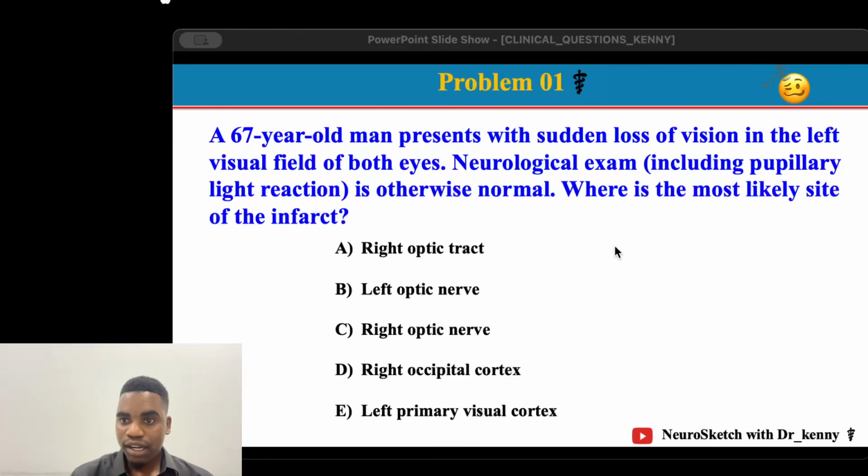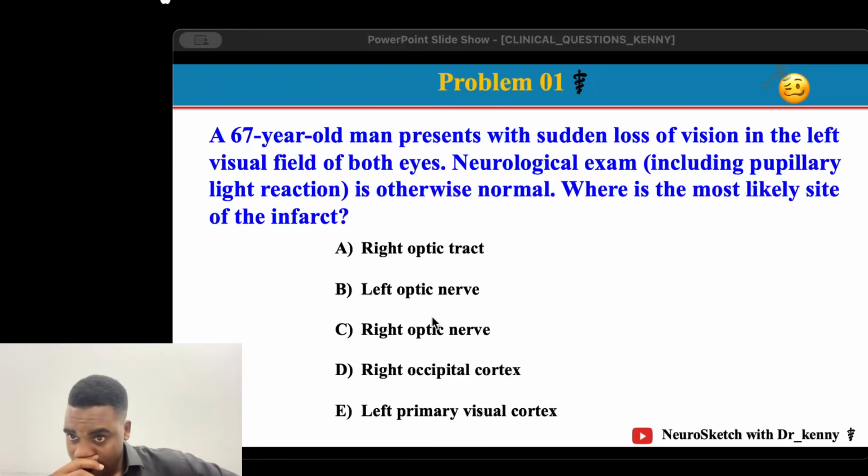So, where is the most likely site of infarct, or where is the most likely site of the stroke? So, easy peasy, huh? Yeah, so try to think about it. I'll give you 3 seconds to think about it. You can pause this and give it a thought, and we continue. So 1, 2, 3.